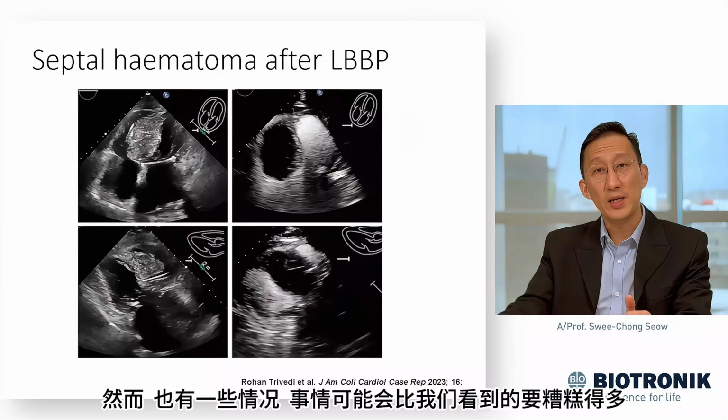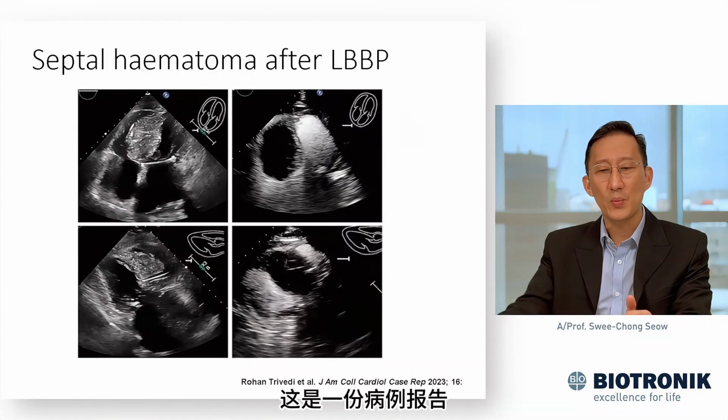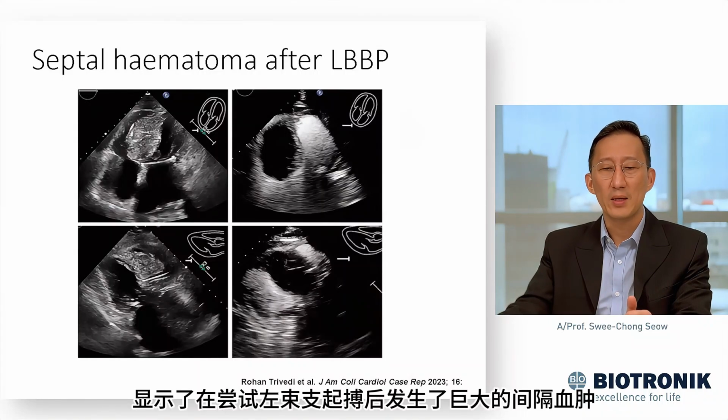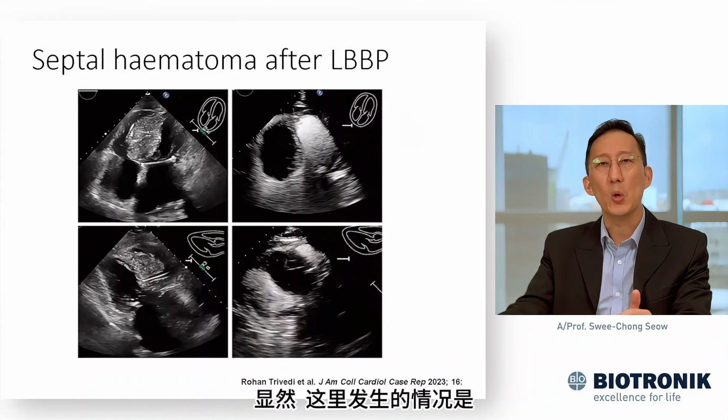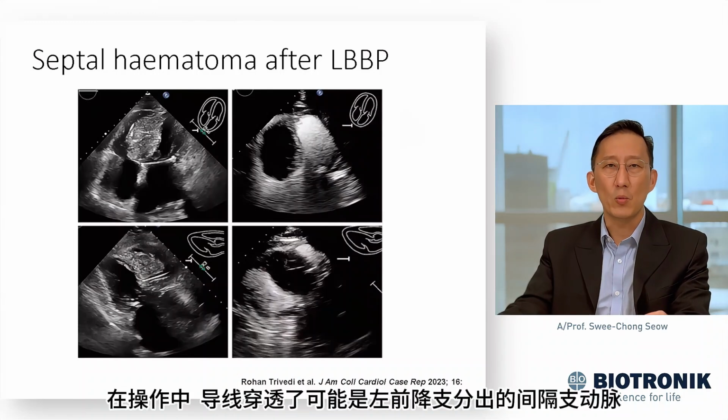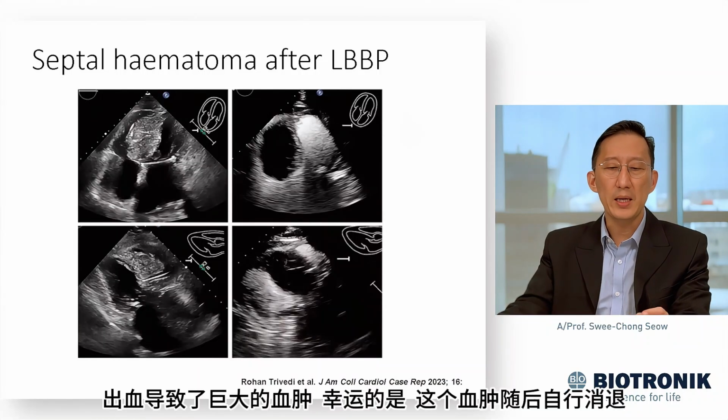There are, however, instances where things go a lot worse than what we've described. And this is a case report showing a massive septal hematoma after an attempt at left bundle branch pacing. So obviously, what happened here was that the lead skewered one of the septal perforators that come from the LAD probably, and the bleeding resulted in a huge hematoma that thankfully resolved on its own subsequently.